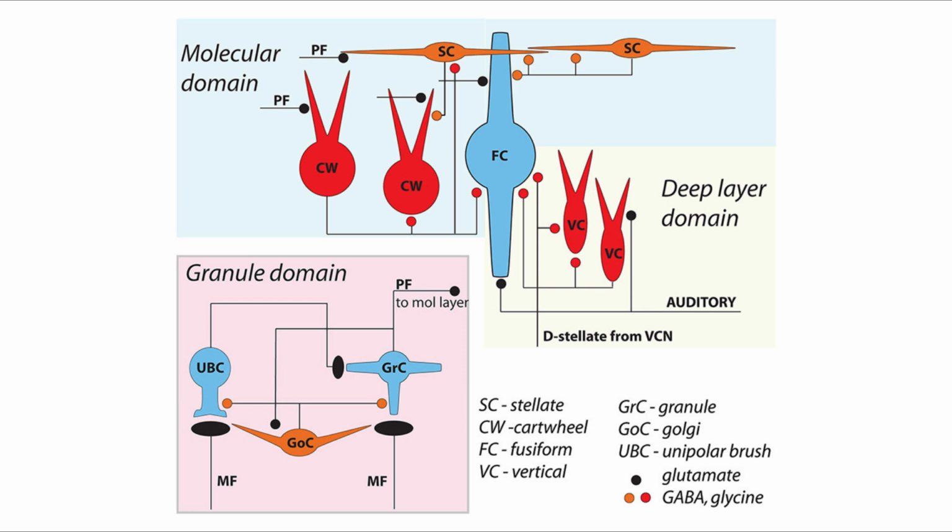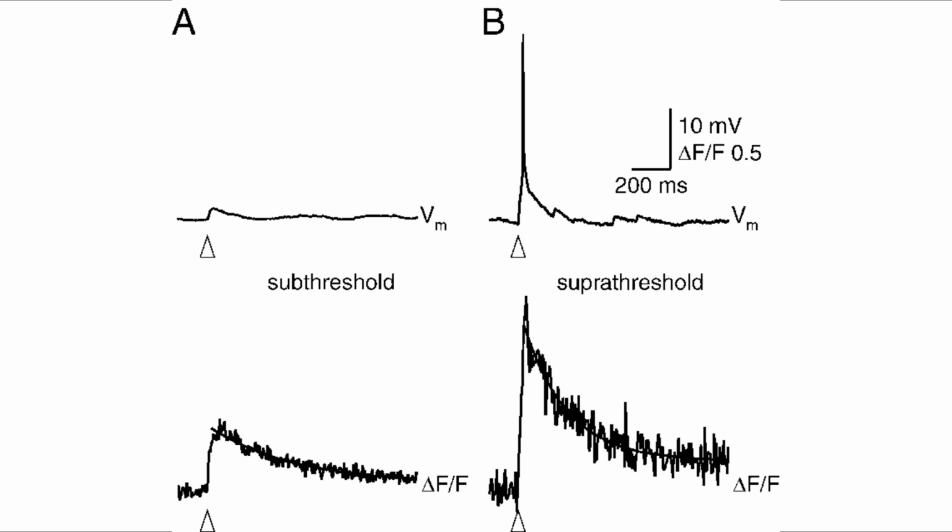Considering the ventral cochlear nucleus also receives excitatory input from the auditory nerve fibers and the parallel fibers, there is a chance that the feedforward inhibition from the VCN through the D-stellates could also potentially be a mechanism involved in the Susan Shore device suppressing tinnitus.